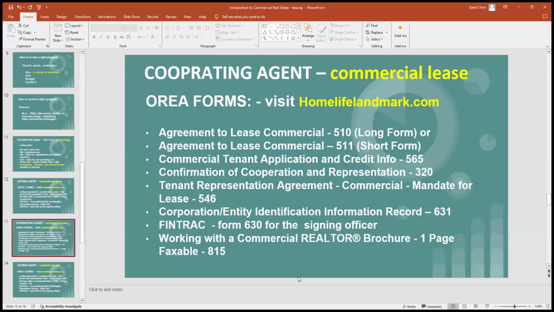You just have one lump sum payment for, let's say, 3 years or 5 years. So that's what we call the short form. Other forms you will see later on, and if you have time, you can look at every form. So you will get forms for the commercial lease. Those are the forms for the listing agent and the cooperating agent.